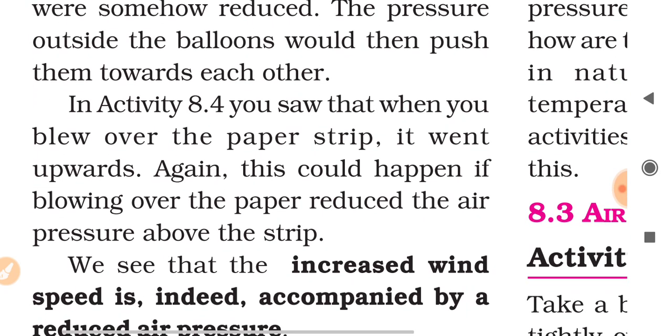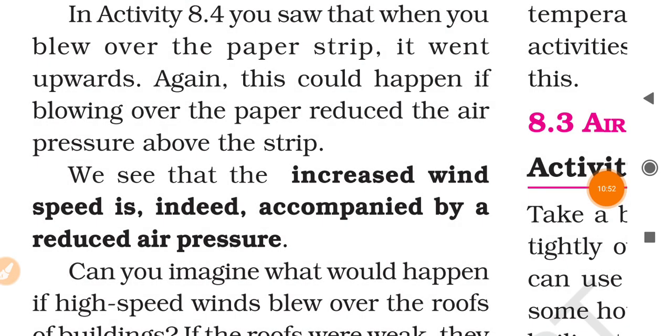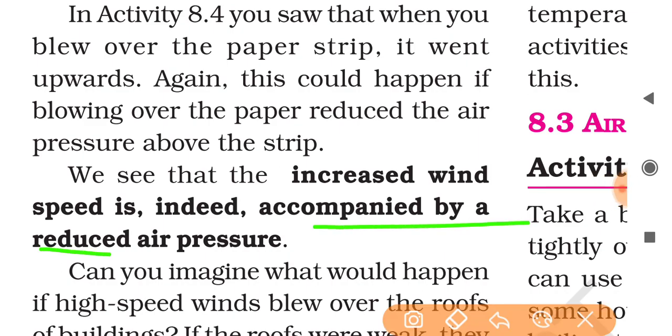In activity 8.4, you saw that when you blew over the paper strip, it went upwards. Again, this could happen if blowing over the paper reduced the air pressure above the strip. Now we can conclude that increased wind speed is indeed accompanied by a reduced air pressure.